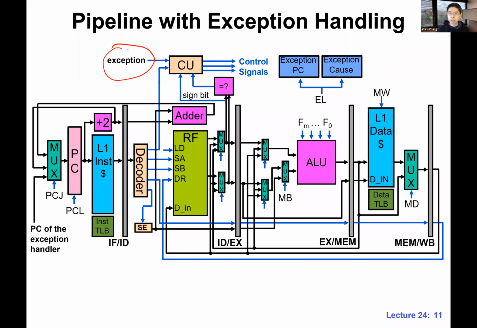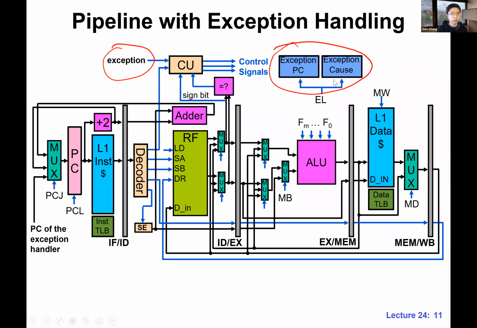And also we need to handle the exception, so that's where we need some additional registers. One is called exception PC. This is the PC of the instruction that triggers the exception, and also the cause, the type, what kind of exception we are dealing with. This is something that we need to save.